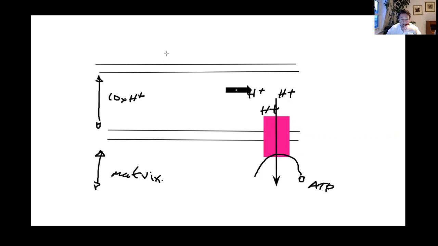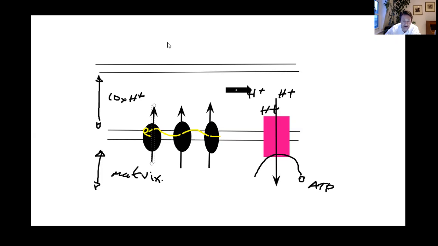light. But in this instance, what we do is we have a chain of carriers. And these chain of carriers are embedded in the membrane. And we get an electron to flow down the chain of carriers. Now, as the electron goes down the chain of carriers, energy in that electron is used to move protons from where they want to be, which is in the matrix, to where they don't want to be, which is where there are more of them, which is between the 2 membranes.